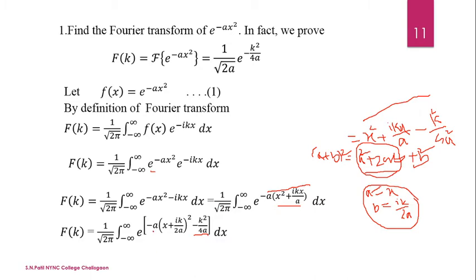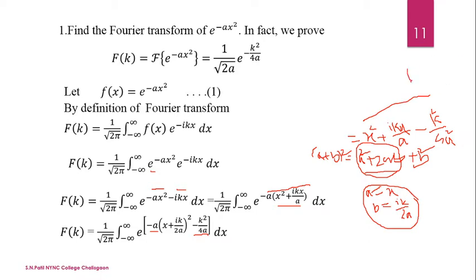Now see, outside there is minus a. Minus a is multiplied here, that is minus a x square. Minus a is multiplied here, that is minus i k x. Now minus a is multiplied here, minus times minus gives plus, and this a and this a cancel.